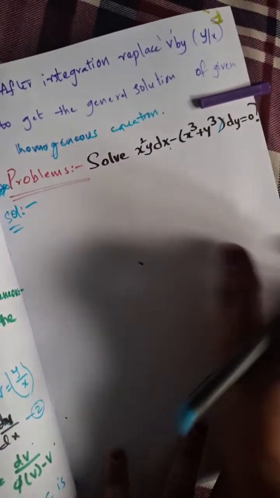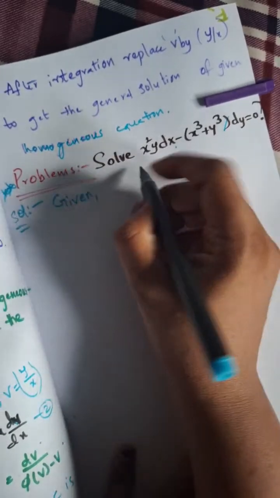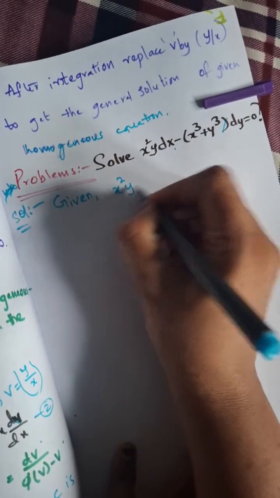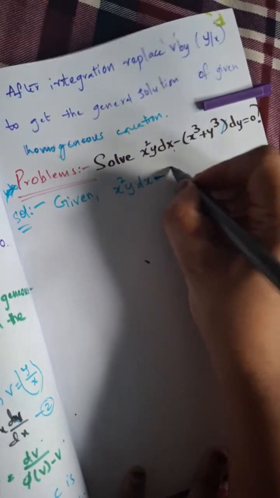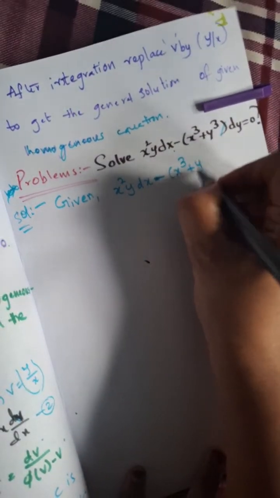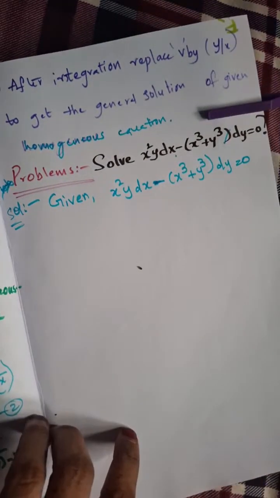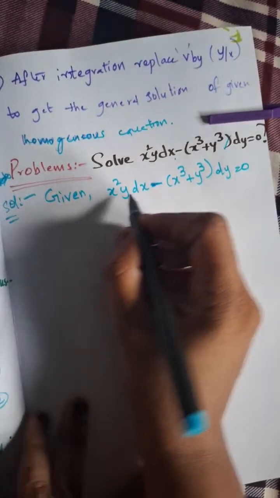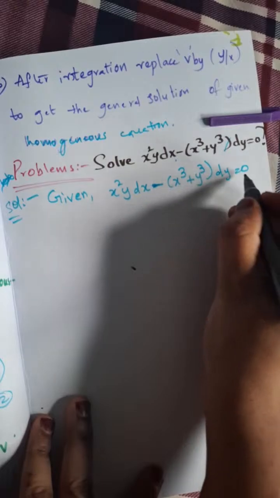Okay, here we have to write it as x square y dx minus (x cube plus y cube) dy is equal to 0.